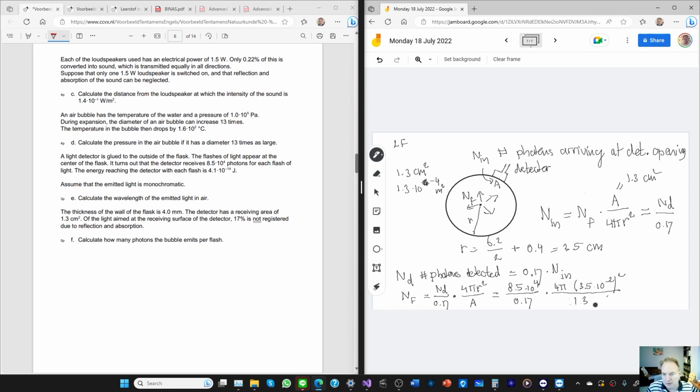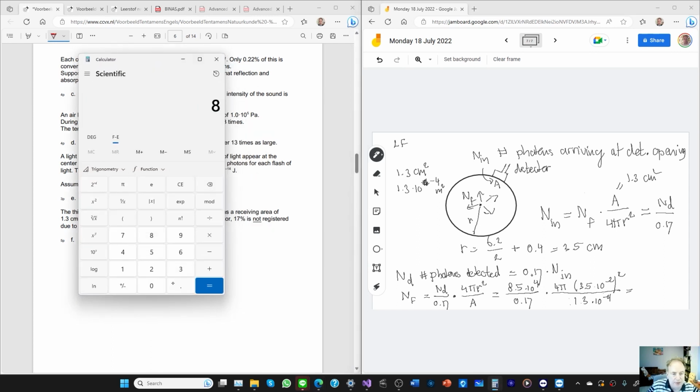So, wow, this could be all very error prone. But let's try it. In principle, the method here should be okay. 0.7 is a 17%, times 4 times pi. And now I just do 3.5 squared divided by 1.3.